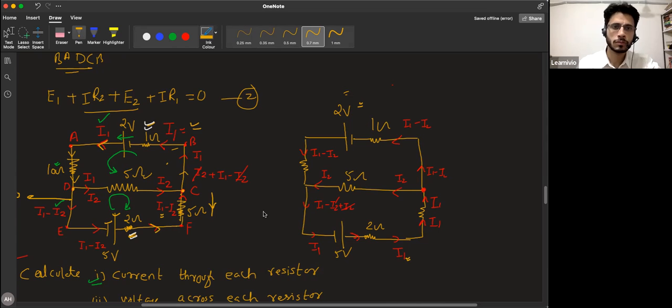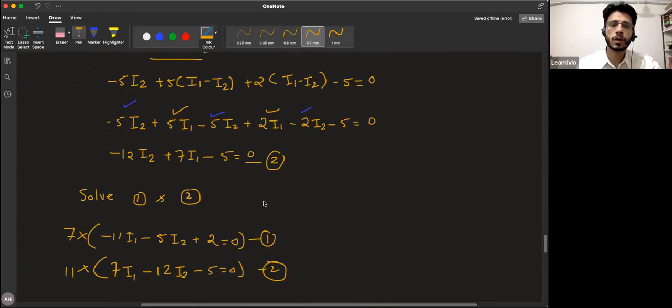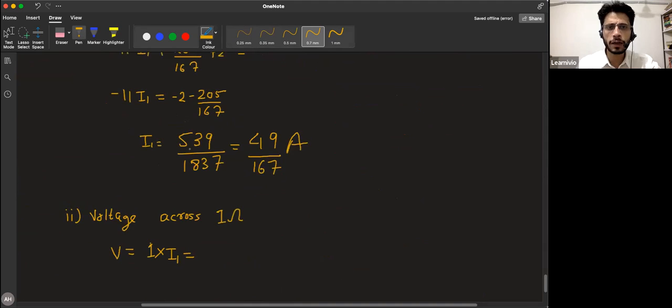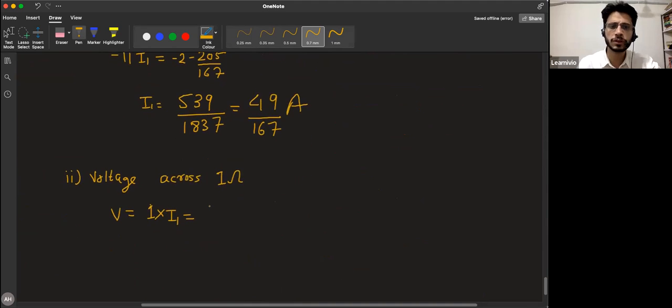Yes, voltage will be 1 multiplied by I1. And how much is I1? I1 is this 49 by 167. So it's 49 by 167 volt is the voltage across 1 ohm. Let's call this V1.